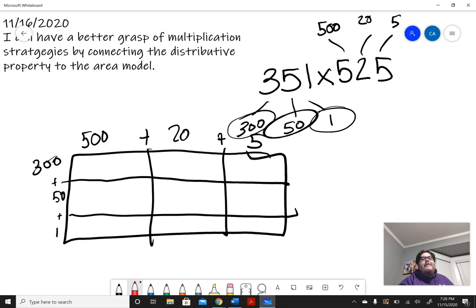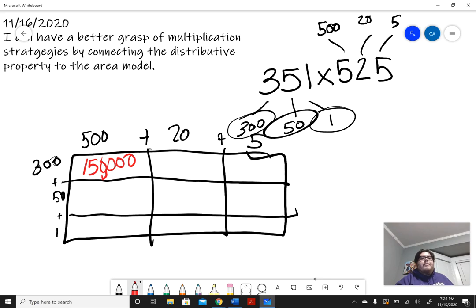So I have 3 times 5, which is 15. And each of them were multiplied by 100. 100 times 100 would be 10,000. So I need 4 zeros, to give me 150,000.